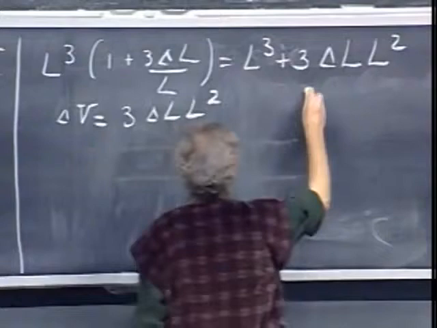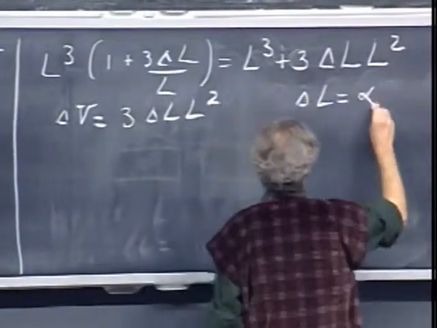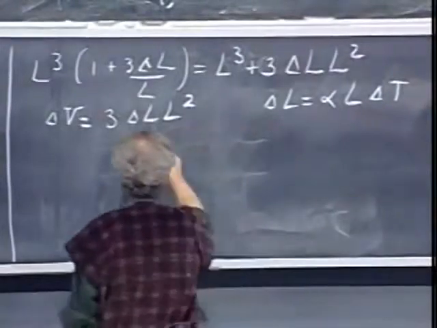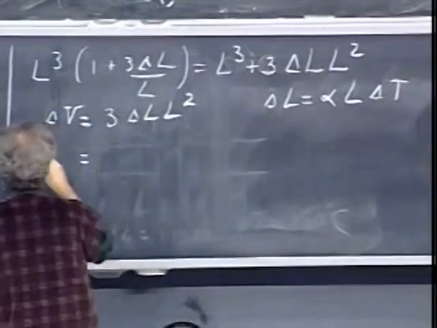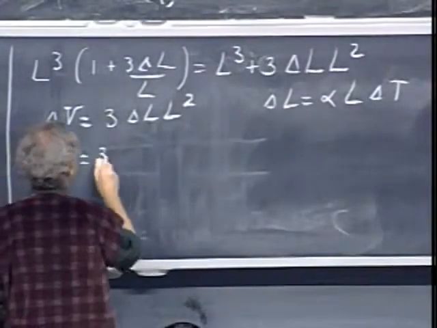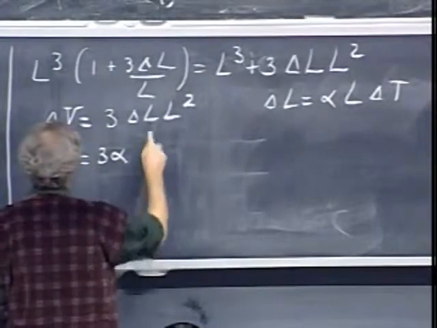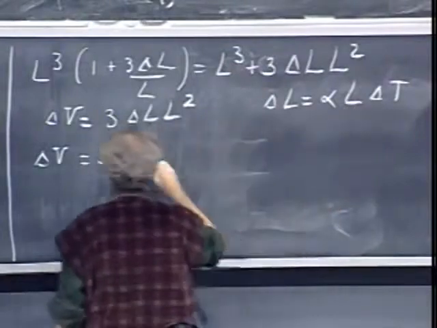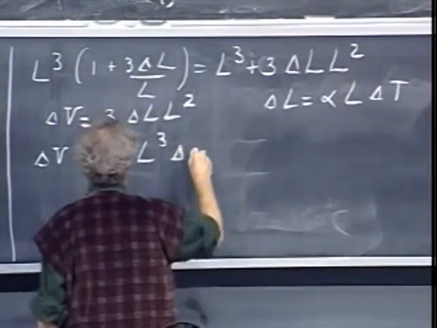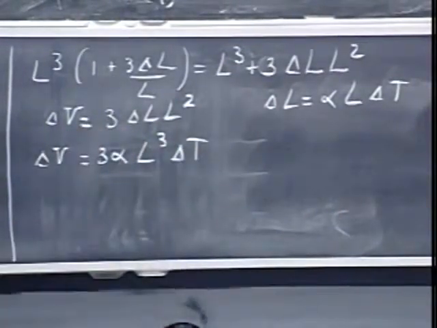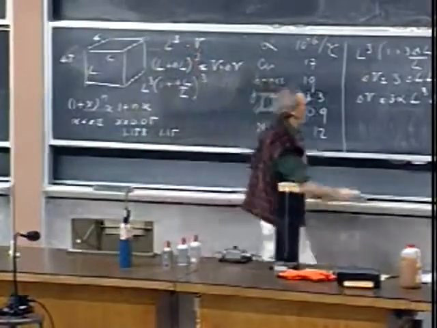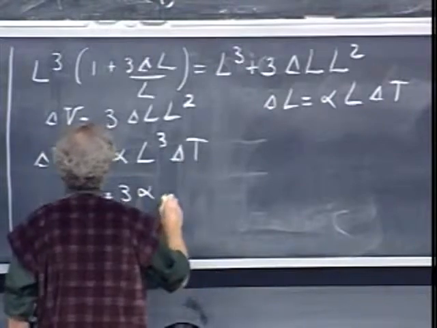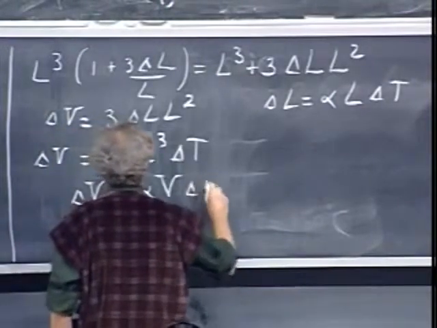But I know that delta L equals alpha times L times delta T. And so I can substitute that in here. And so I find that delta V equals 3 alpha times L squared times L, that is L cubed, times delta T. But L cubed was the old volume.